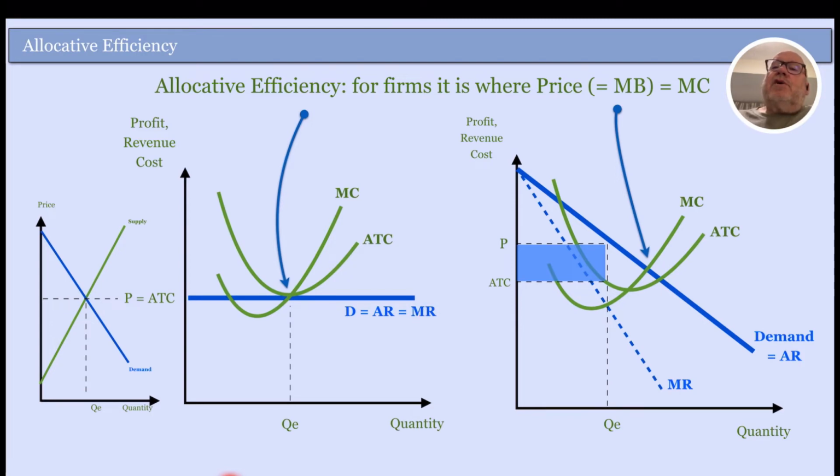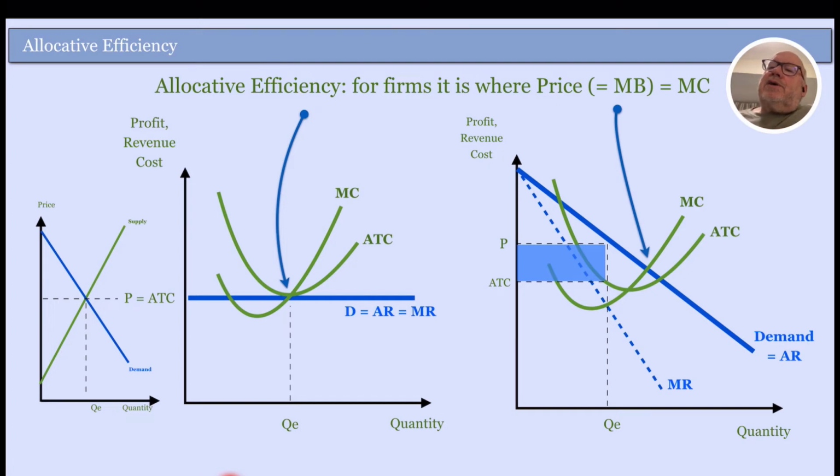Because of that, when you set MR equal to MC, the price also equals MC. So price is always a reflection of the marginal benefit that the consumer gets for the good. And so in this case, there's marginal benefit equal marginal cost, allocative efficiency. So all firms in perfect competition, allocative efficiency.